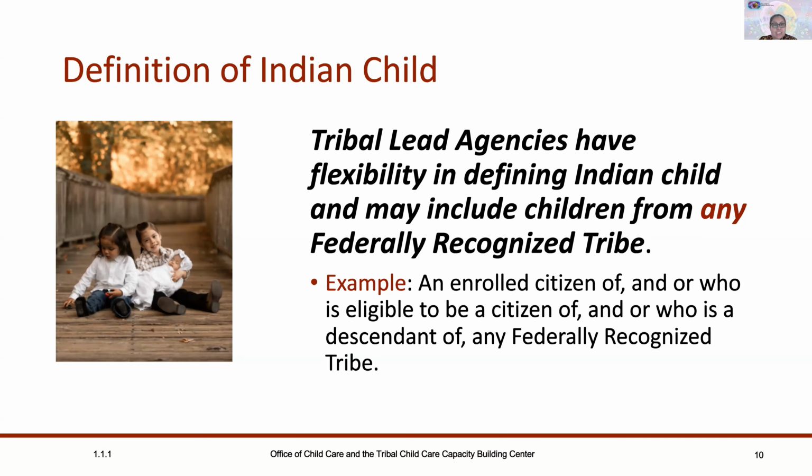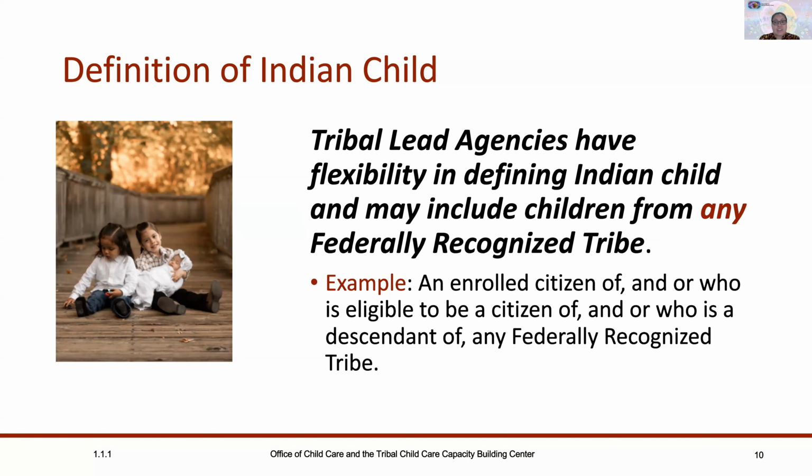So tribal aid agencies are required to provide a definition of Indian child in their child count declaration, and children must meet this definition to receive CCDF services. Tribal aid agencies have flexibility in defining Indian child and may include children from other federally recognized tribes. There is broad flexibility regarding how tribal aid agencies choose to define Indian child.